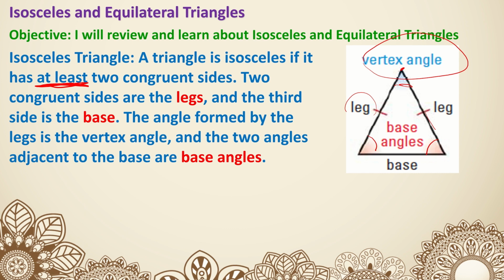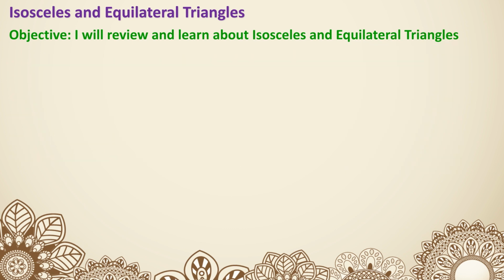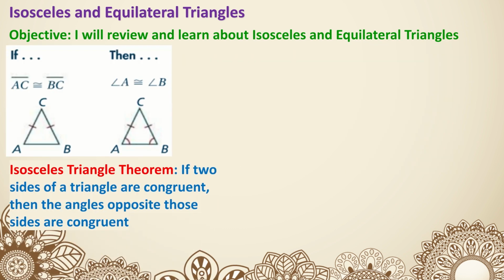Now let's move on to talk about some theorems that come from the isosceles triangle. Isosceles triangle theorem: if two sides of a triangle are congruent, so side AC and side BC are congruent, this is the congruent symbol that you have learned last year in congruent triangles. It's the equal sign with a little squiggly line on the top indicating congruent.